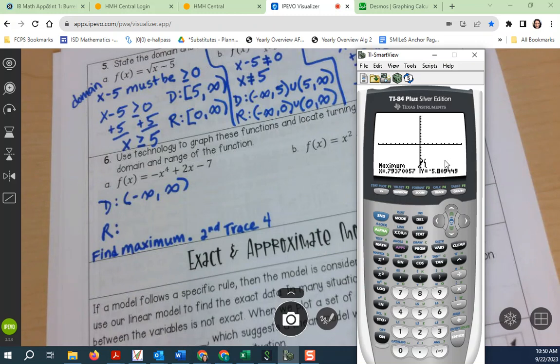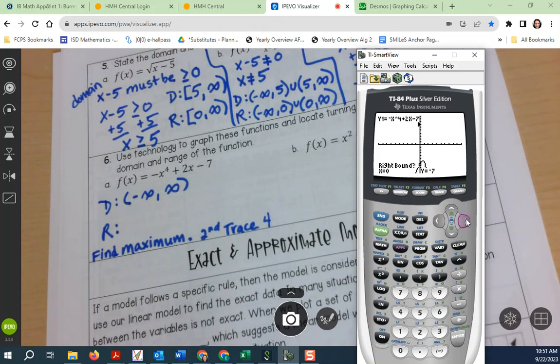Raise your hand if you would like me to show the steps again for finding the maximum. Okay, very good. Ready? Do second, trace, and then maximum is choice 4. It asks you to go to the left of the maximum, so make sure your cursor is to the left of that highest point, and then you press enter once.